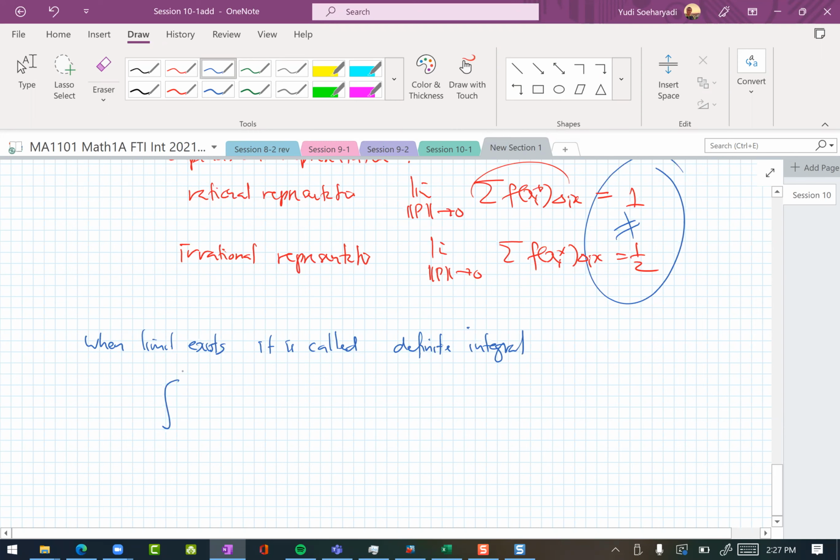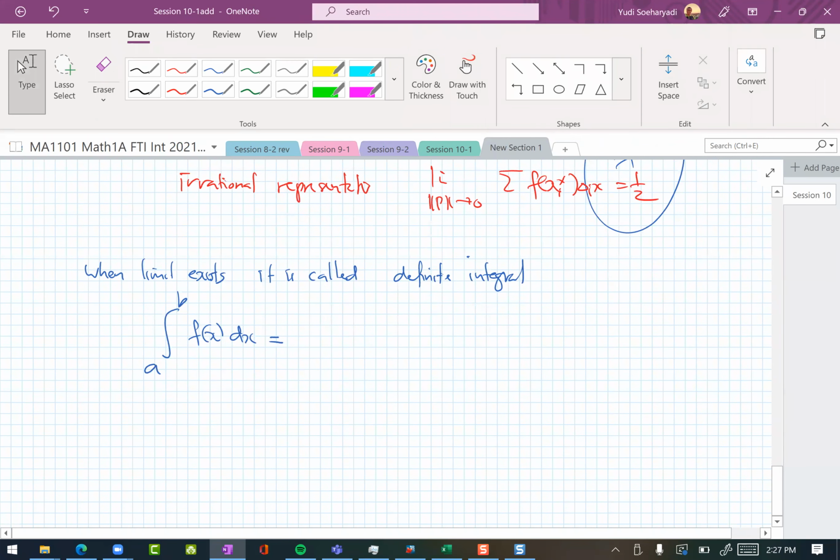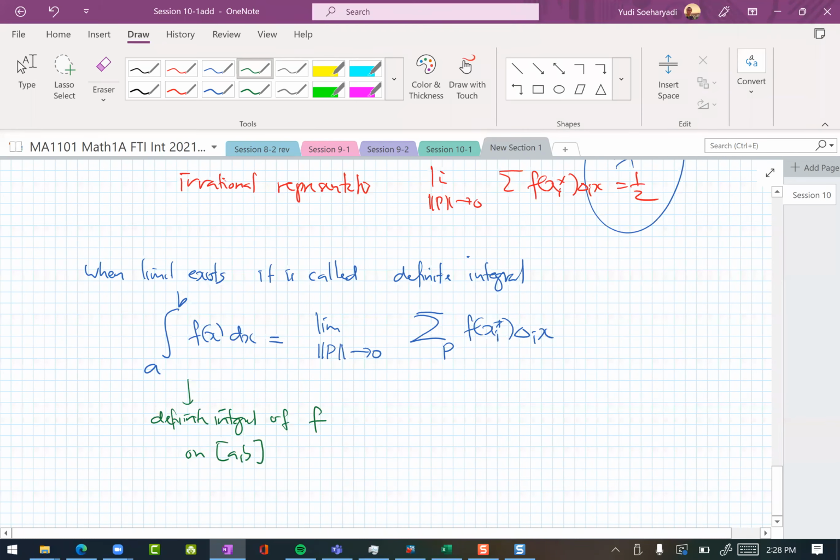So this is the definition. The definite integral of f from a to b is the limit as the norm goes to 0 of the Riemann sum with representatives there.